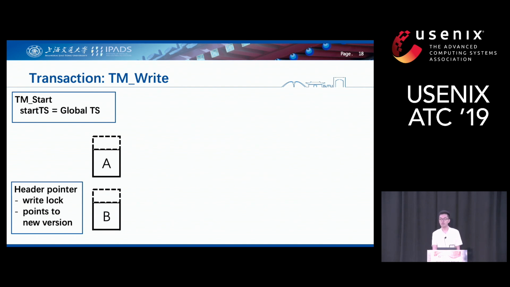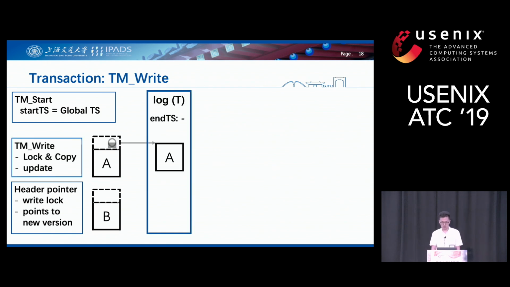And when an object is locked, it will point to a new version. Suppose a transaction T wants to write object A. It first gets A's log, and then makes a copy in its own log. After that, the transaction T can update its copy. Also, a transaction writes other objects in a similar way.